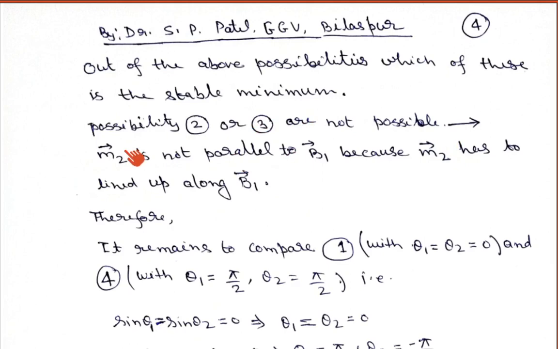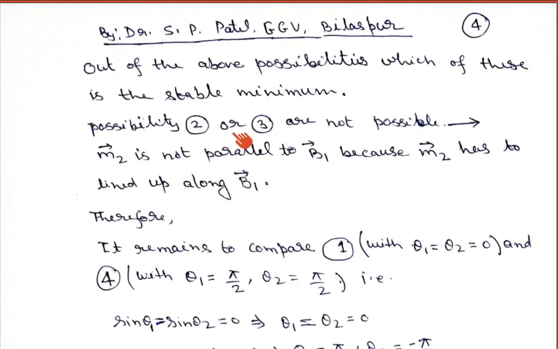Why? Because this magnetic dipole M2 has to be along the direction of magnetic field B1, because dipole M1 also will produce a magnetic field. So this dipole M2 will produce a magnetic field which will align the dipole M1, and dipole M1 will produce a magnetic field which will align the dipole M2.